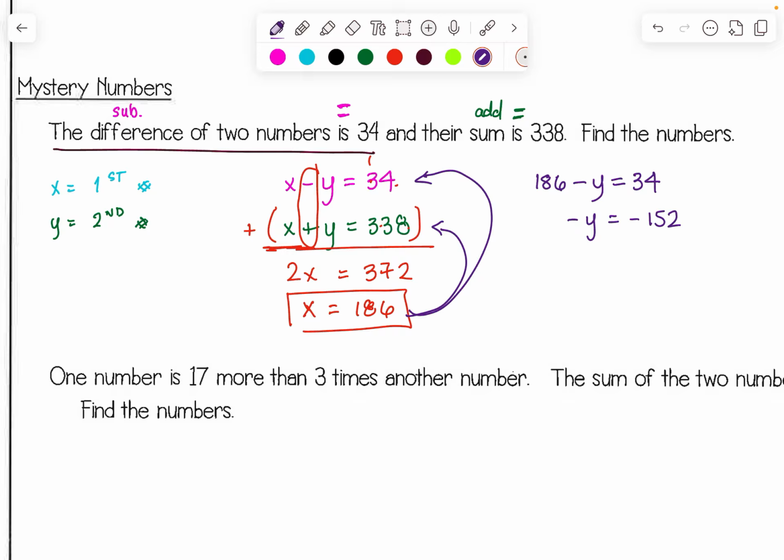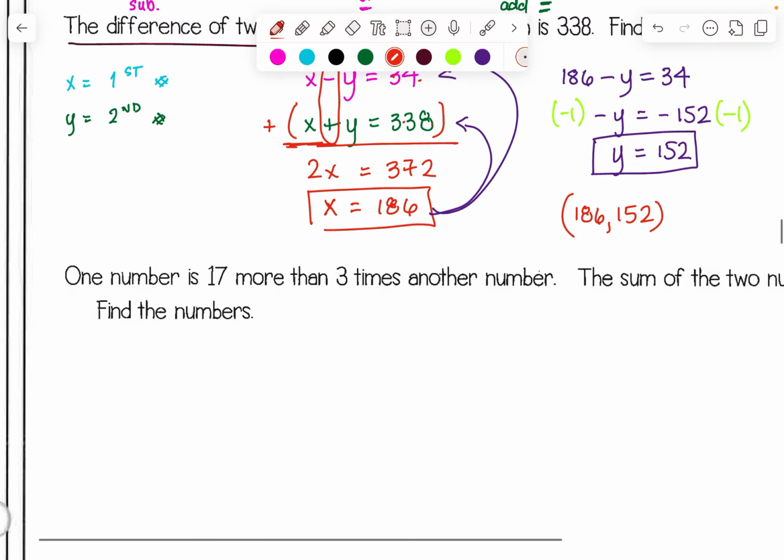Never leave your y as a negative, so simply multiply both sides by negative 1, and you get your solution. y is equal to a positive 152. So yes, of course, we could write this in coordinate form. Our x value is 186. Our y value is 152. Let's take a look at the next one.